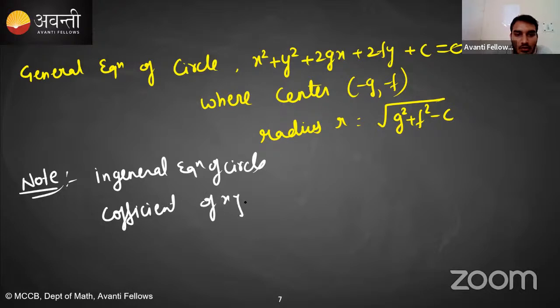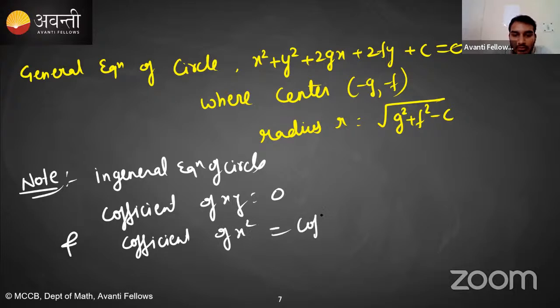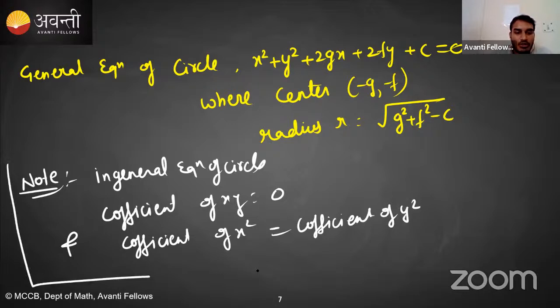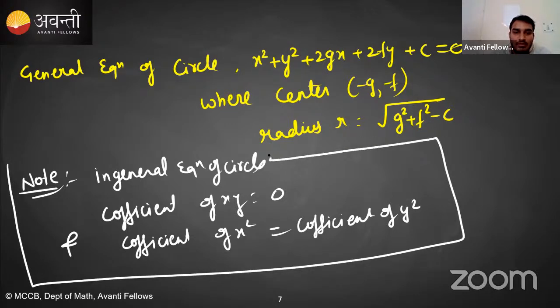Coefficient of xy is 0, and coefficient of x square is equal to coefficient of y square. Is this clear? These two points you should always note. Is this clear so far?